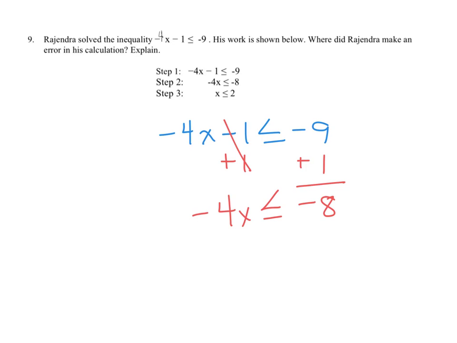When we look at the work and we add 1 on both sides, we realize that steps 1 and 2 are correct. Step 3 requires a division by a negative, which means that the inequality sign must be reversed. X should be greater than or equal to +2.